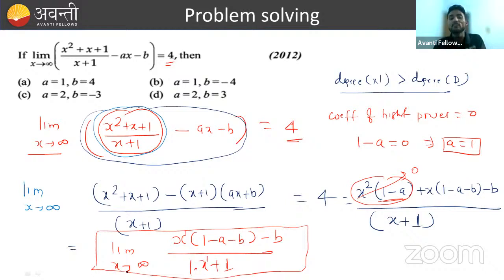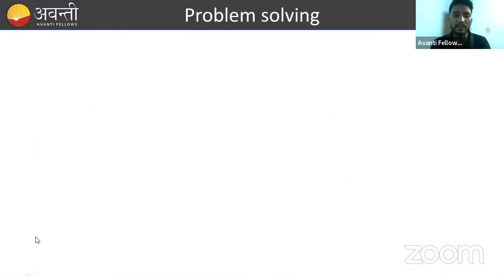If x tends to infinity and the power of both numerator and denominator is the same, the limiting value is the coefficient of x divided by the coefficient of x. So the limiting value will be 1 minus a minus b divided by 1.